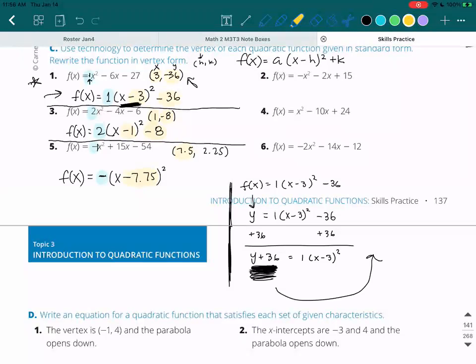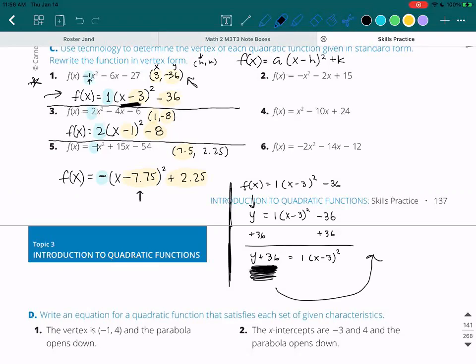And then at the very end, should I write plus 2.25 or minus 2.25? Plus. This one, we don't do the opposite. I know, this one's a little bit confusing, right? So it's going to be plus 2.25.